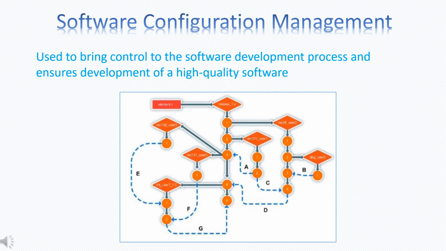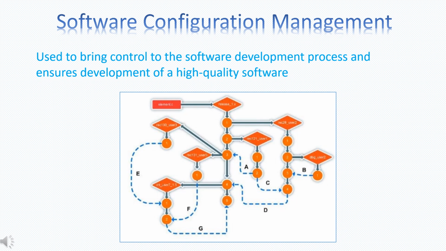Software configuration management is the task of tracking and controlling changes to the software. It is used to bring control to the software development process, and the result is higher quality products. This is accomplished by identifying the configurations of the software and then implementing a change control process so that changes can be tracked and their implementations monitored.